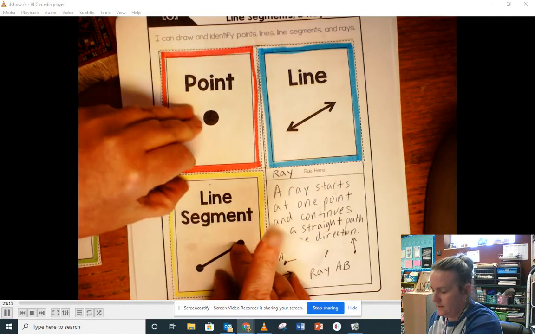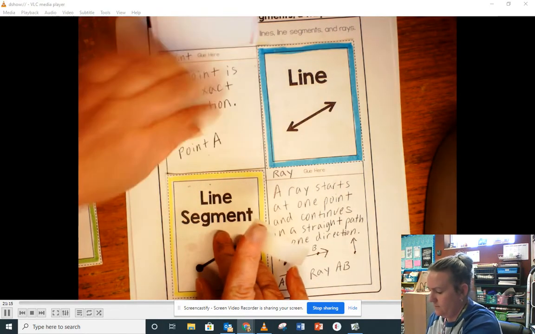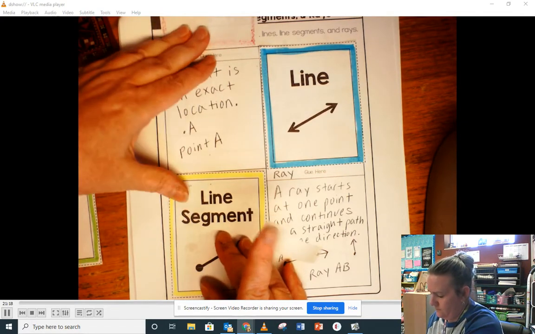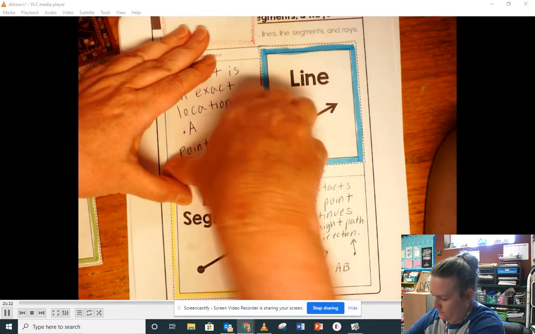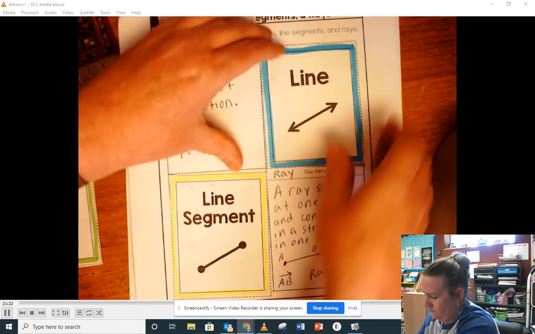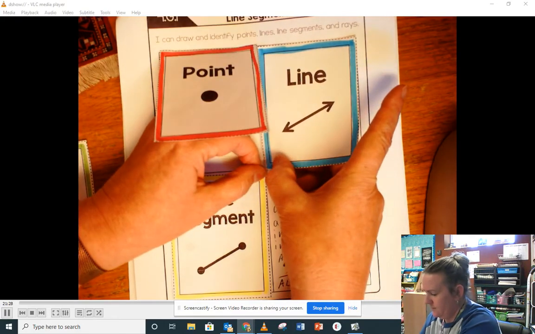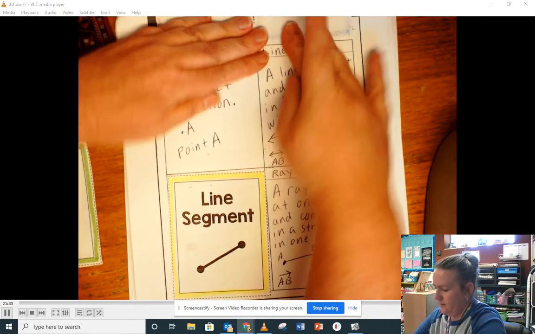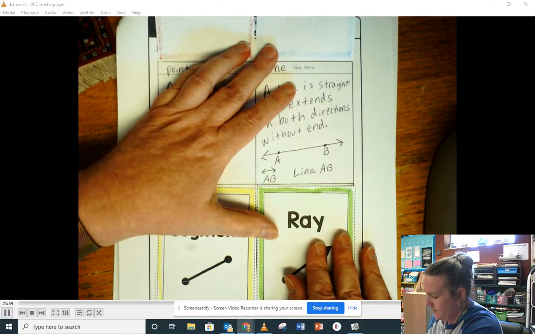I'll lift this out of the way so I don't put my tape on it. Oops, yeah, I accidentally taped that one. Lift those out of the way and put my last one on for ray.